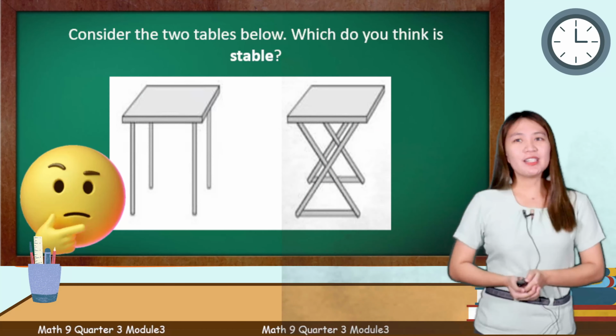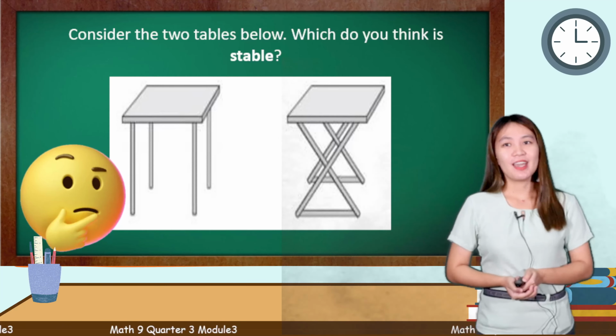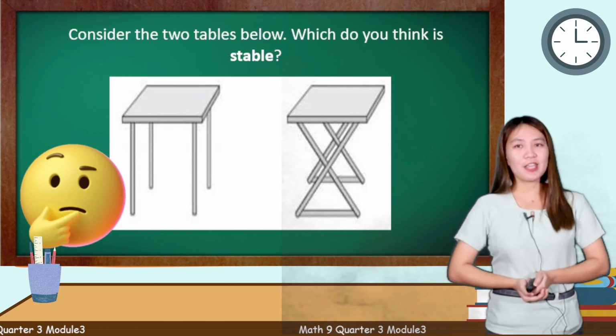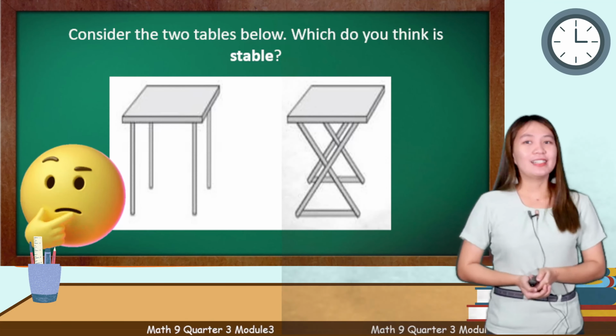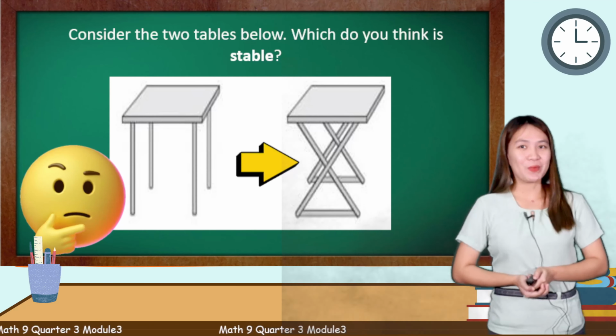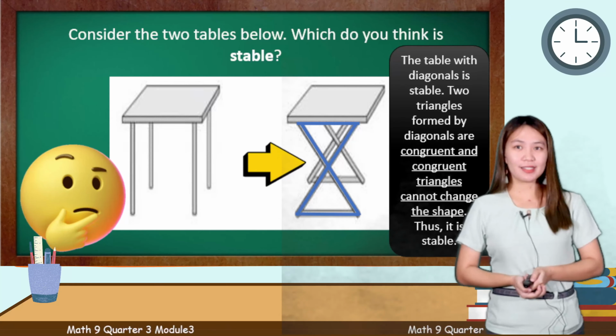So consider the tables below. Which do you think is stable? Is it the first table or the second table? If your answer is the second table, then you are definitely right. Why? Because the table with diagonals is stable.